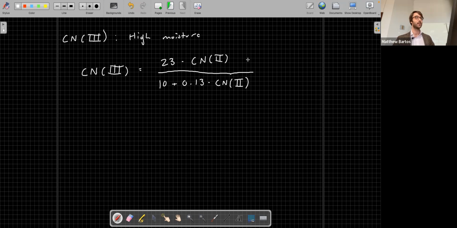And let me just go back and make sure I didn't make a typo. Yeah, okay, we're good. So that is how you convert the curve number between medium, low, and high moisture.